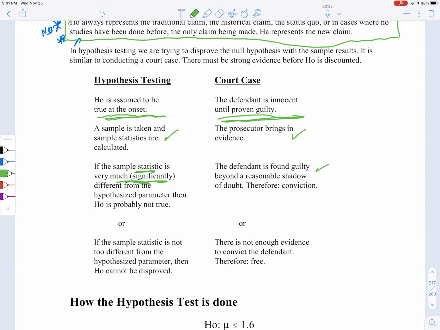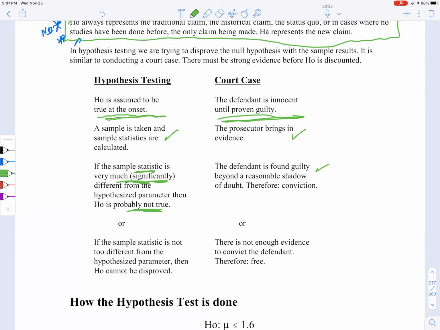If the sample statistic is much different, we would say significantly different from the hypothesized parameter, then H0 is probably not true. So back here we would say, well, is that 1.7 significantly higher than 1.6?